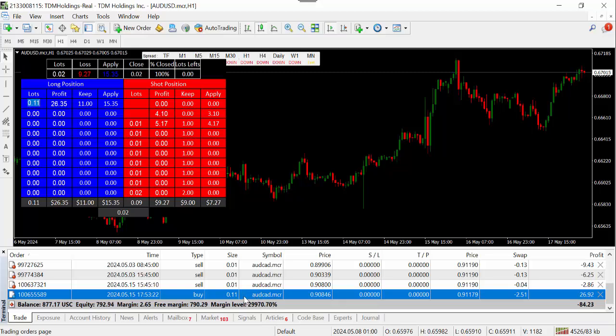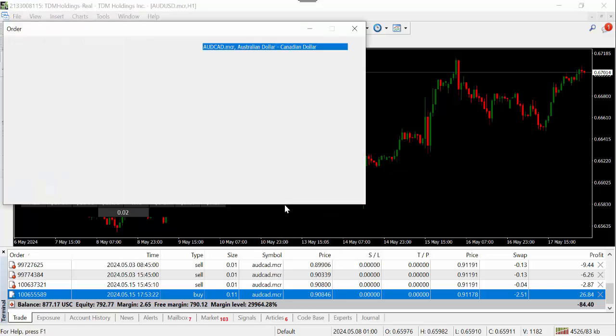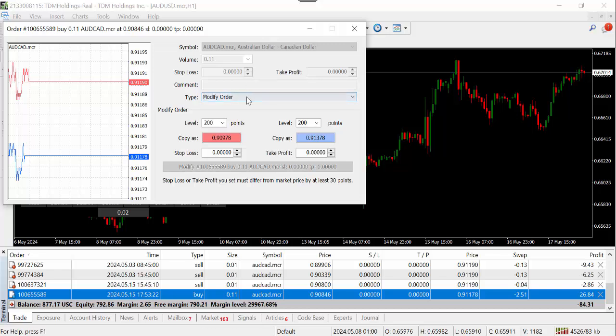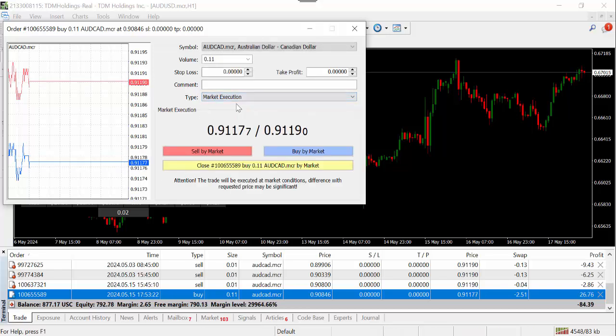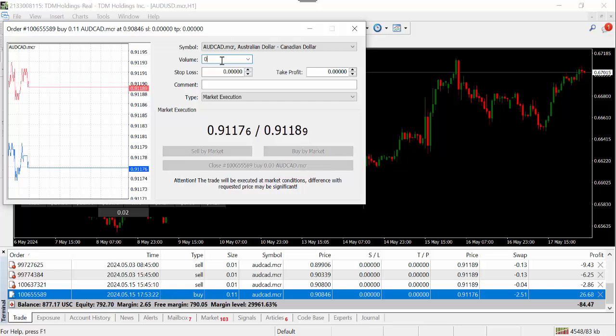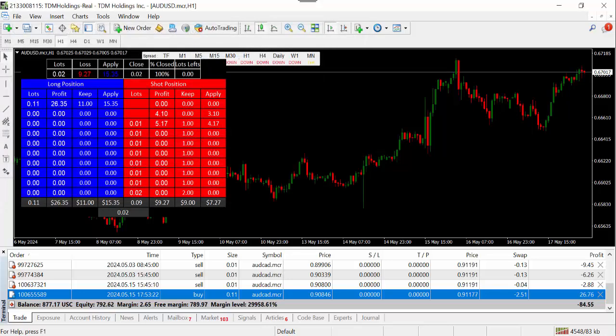And for us to remove 0.02 from this profit trade, what we're going to do is two things. We can remove 0.02 from this trade, market execution, or better still, we close this 100%.